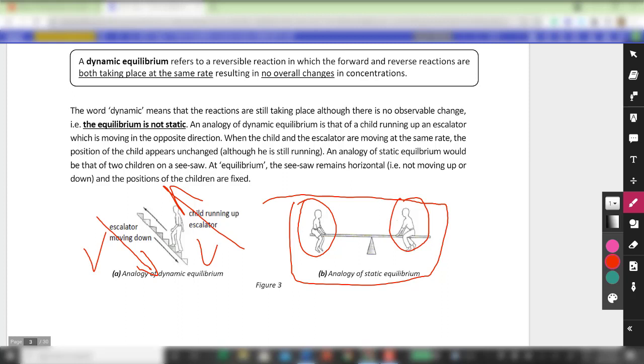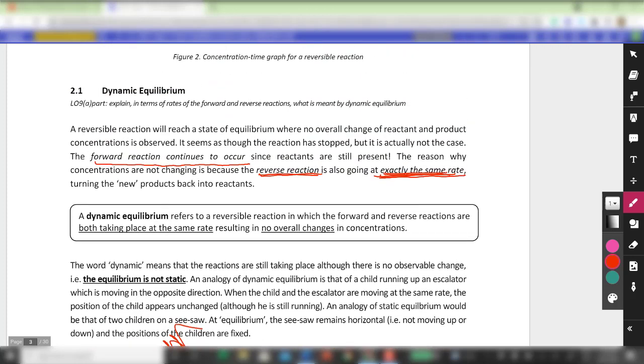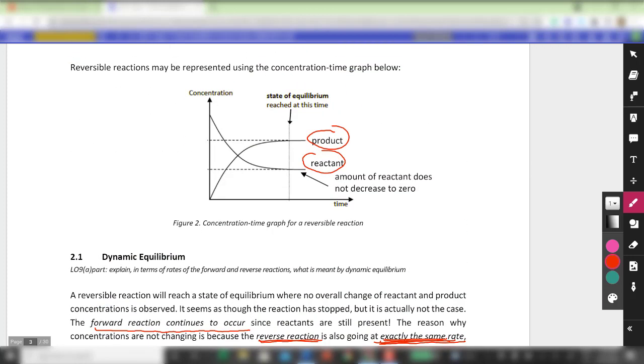So you notice the escalator going down at the same velocity as you walking or running up the escalator. I hope this is an analogy to what you would expect to take place in a dynamic equilibrium. A dynamic equilibrium for a chemical reaction is when the reactants react to produce the products at the same rate as the product being decomposed to give you back the reactants.